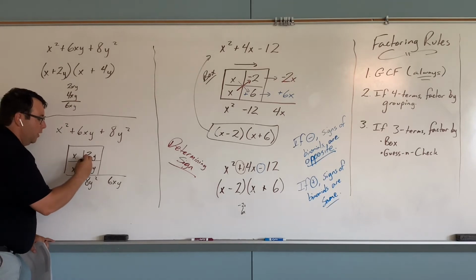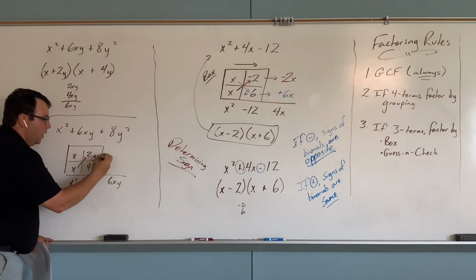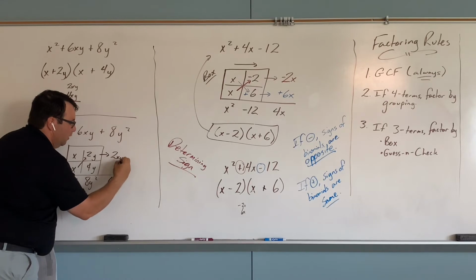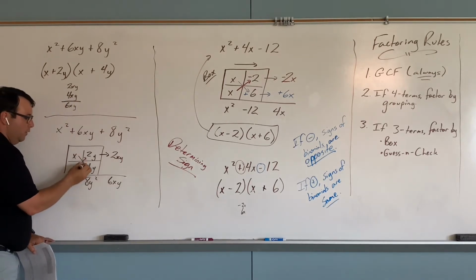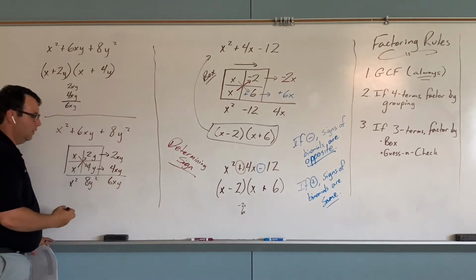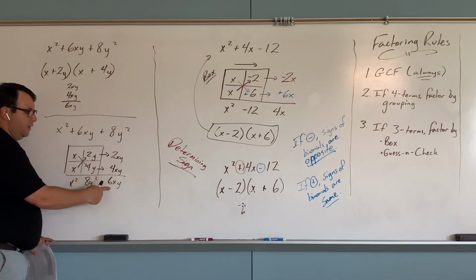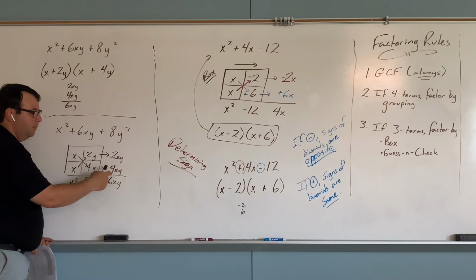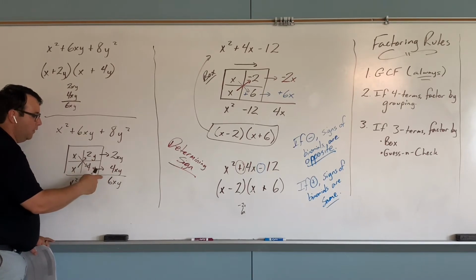Cross multiply here. So I have x times 2y gives me 2xy. I have x times 4y is 4xy. How do I get positive 6xy? I add both of those up, meaning they are both positive.